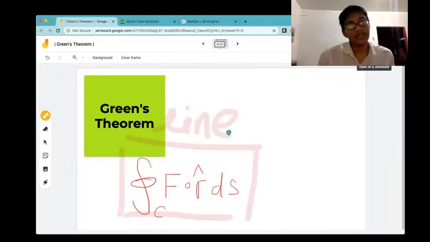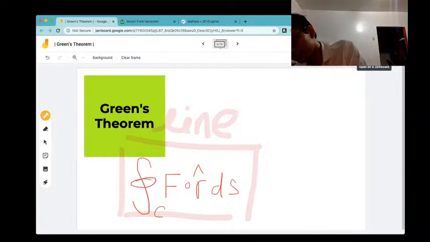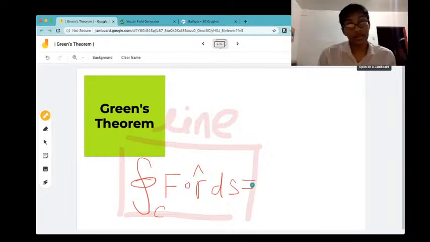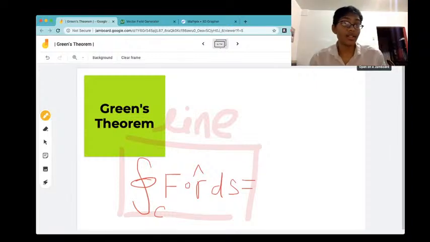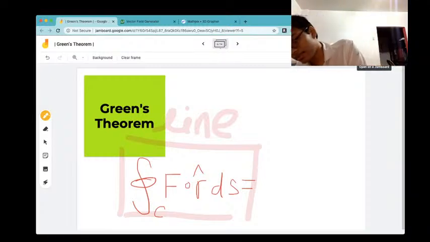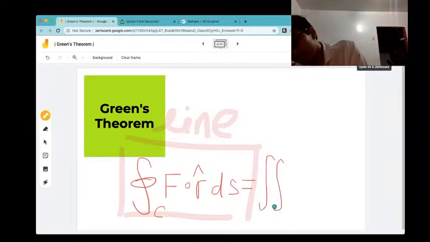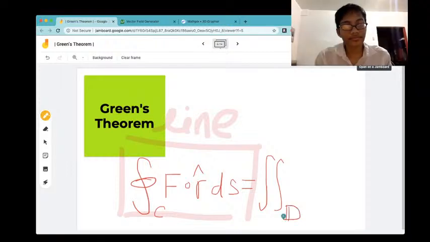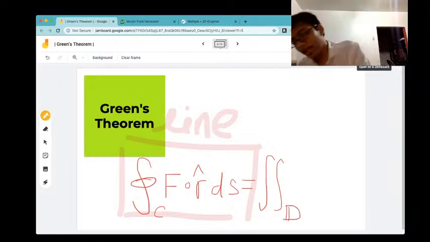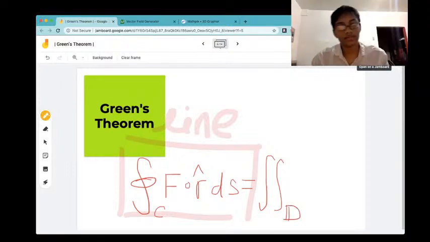But Green's theorem tells us that line integral is equal to a double integral. And when I'm talking double integral, immediately your mind should go to 3 dimensions and 2 degrees of freedom, right? So there's our double integral, and we're going to be doing our double integral over some region D. And here's the kicker, right?